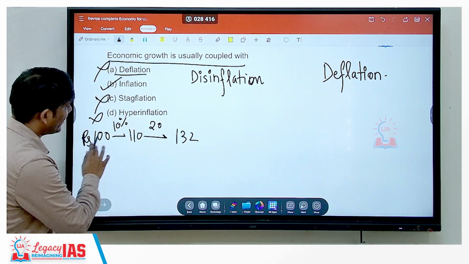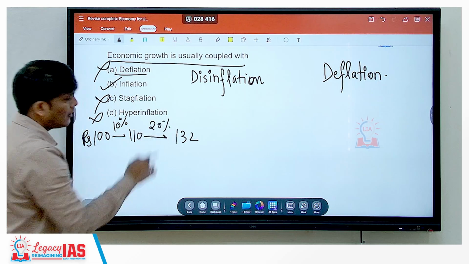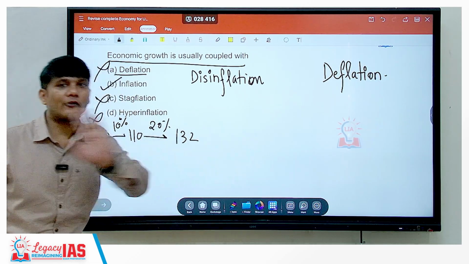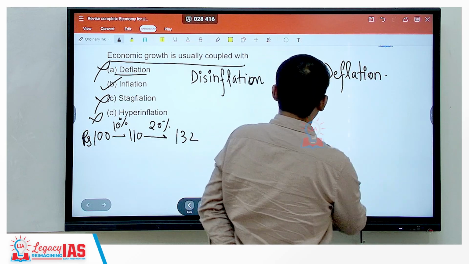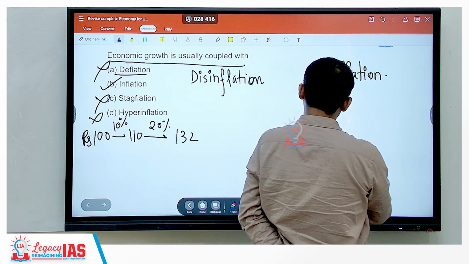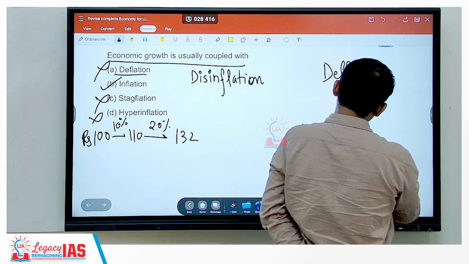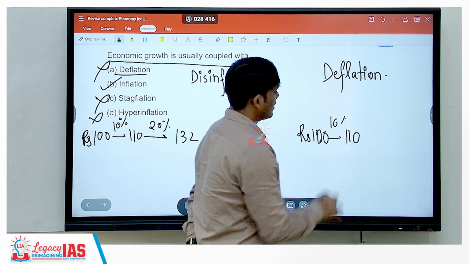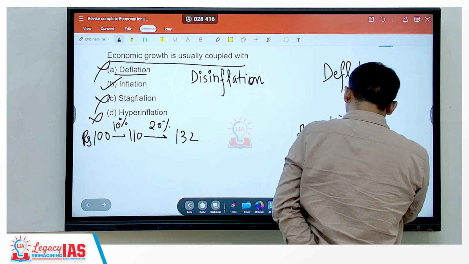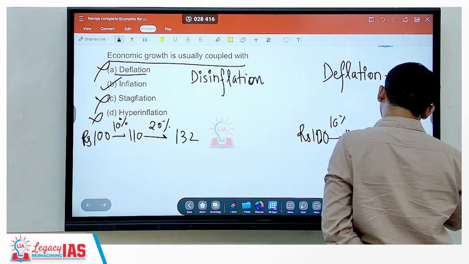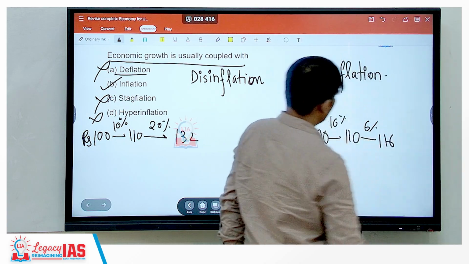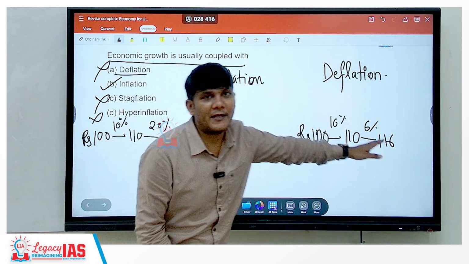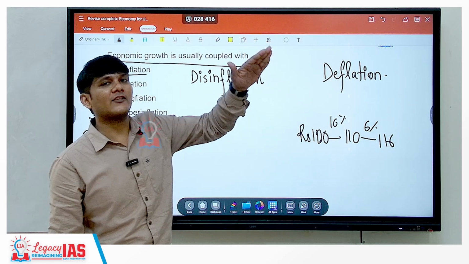What is happening? There is inflation and the rate of inflation is also increasing. But that need not necessarily happen. At times it can so happen that from rupees 100 it went to 110, that means a 10% increase. But afterwards it became, let's say, 116. That means only around a 6% increase.